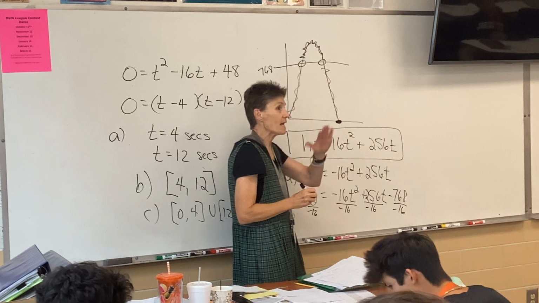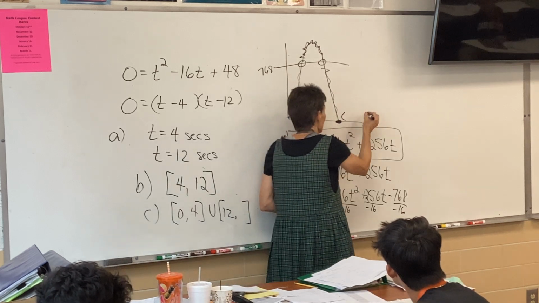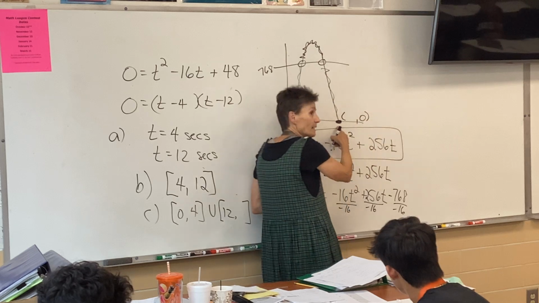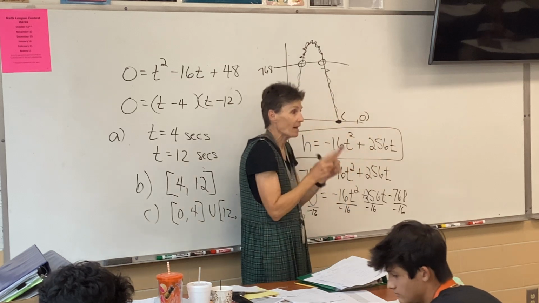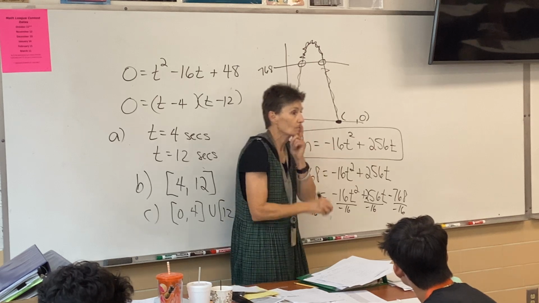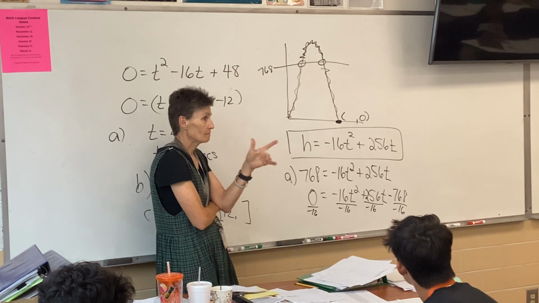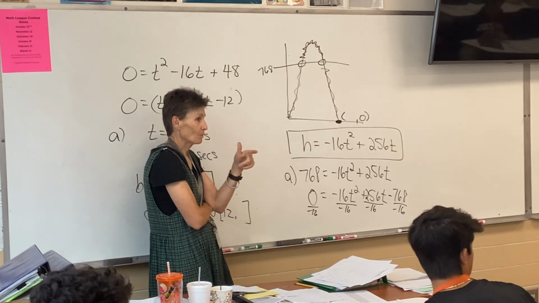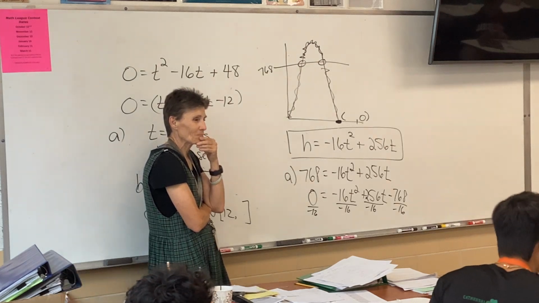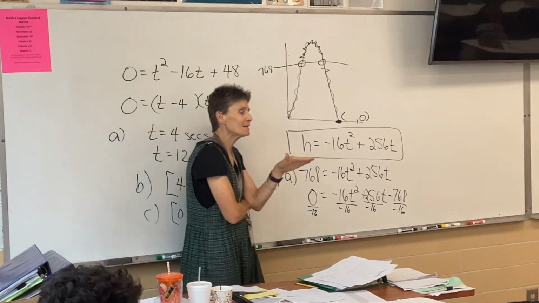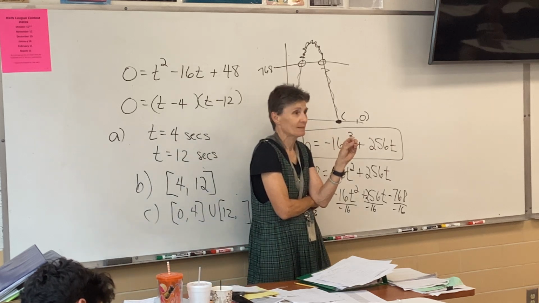Now again, this is a point. The y coordinate is 0, but I don't care about the y. I need the x. It's going to be 16. Why do you think it's going to be 16? He's right.